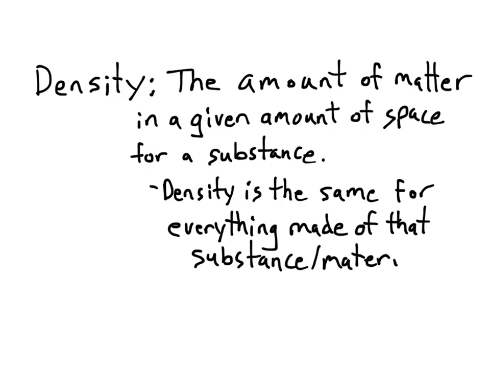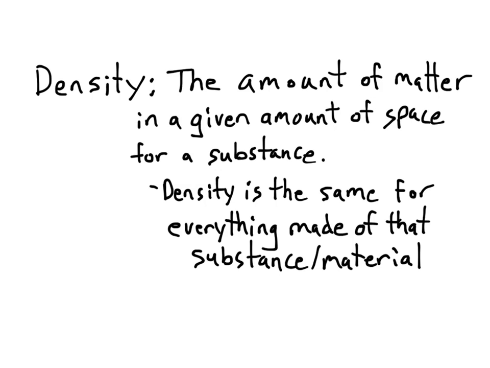So if I have, say, a block of aluminum, here's a block of aluminum. This has a specific density. It has a specific size and a specific mass, but the spacing of the atoms inside this block of aluminum is unique to aluminum. So if I had another block of aluminum exactly this same size, it would be exactly the same mass. The spacing of all those atoms would be the same.